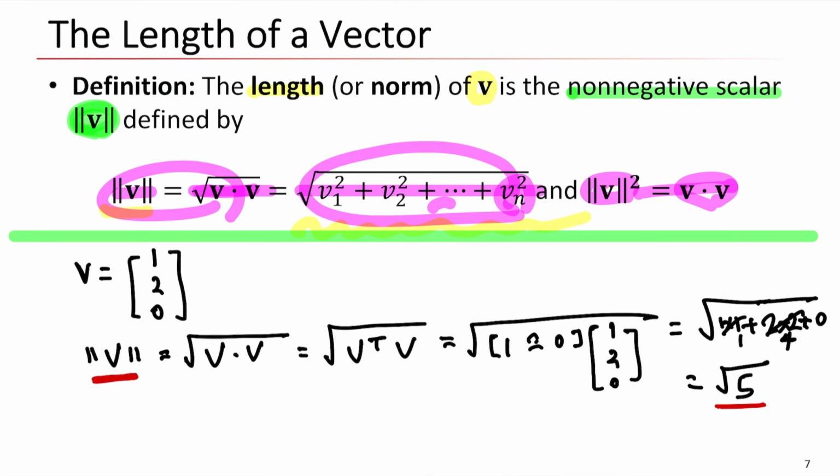Here, right? So length of v is equal to the square root of v inner product v, right?